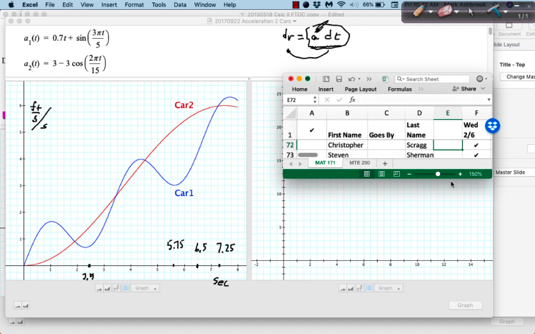His name's not here. Christopher Scragg. Stephen Sherman. Samantha's here. Lucas. Eric. Emily. Kang. Ramiro. Yu Kwao. And Alan's here. Lenoy. Thomas. No Thomas.